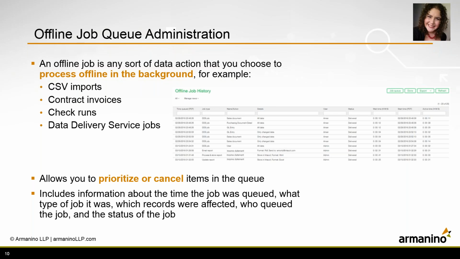And what this allows you to do is if you have a lot of integrations, you're doing CSV imports, running your contract invoices, doing a check run, data delivery, if you're using any of the data delivery services for check runs. Global Consolidations is another offline job that's run. This will allow you to look at the queue of all of those offline jobs and rearrange them if necessary so that you can prioritize the work that the system's doing on your behalf while you continue to work yourselves.